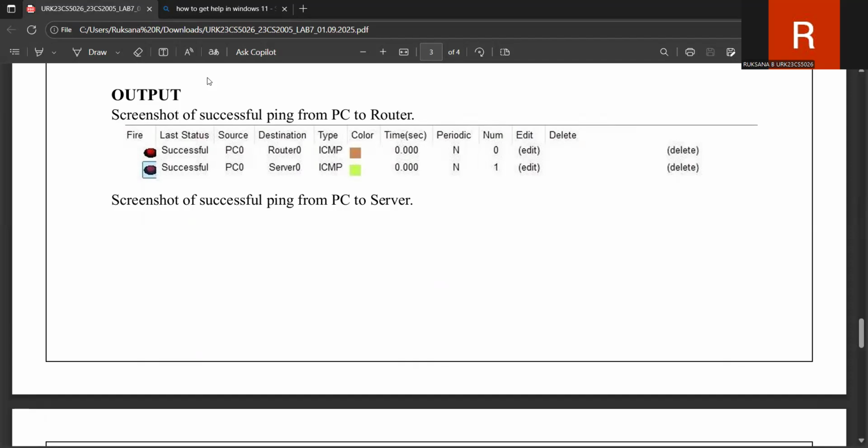After configuration, I verified the setup using several tests. First, a successful ping from the PC to the router confirmed basic LAN connectivity. Next, I pinged from the PC to the external server, which also succeeded, confirming that NAT translation was working correctly.